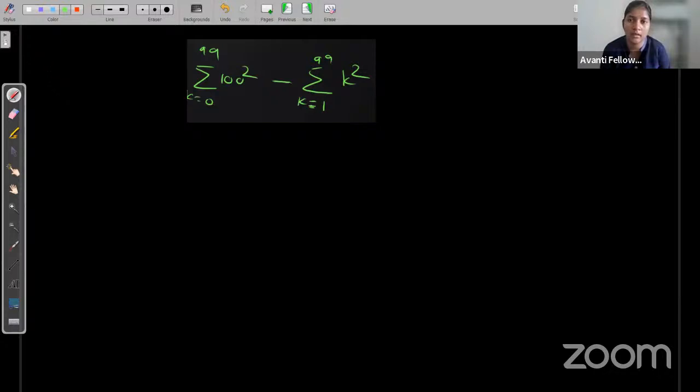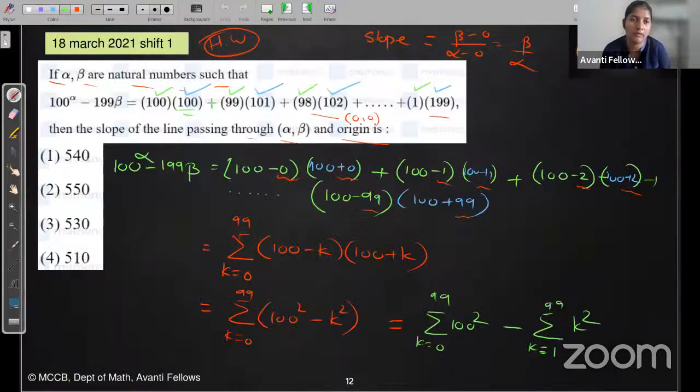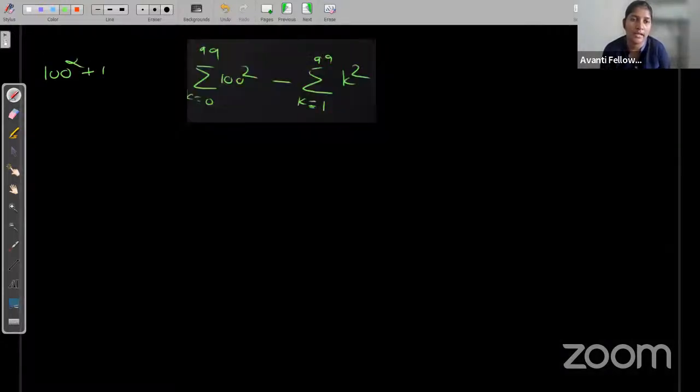So this is nothing but, what was it? Yeah, 100 raised to alpha, right? 100 raised to alpha plus 199 into beta equal to, correct, minus.